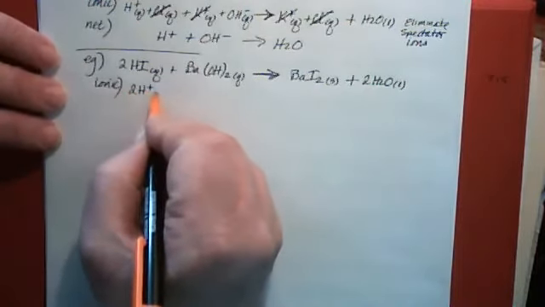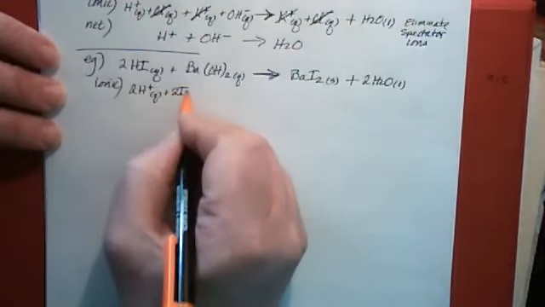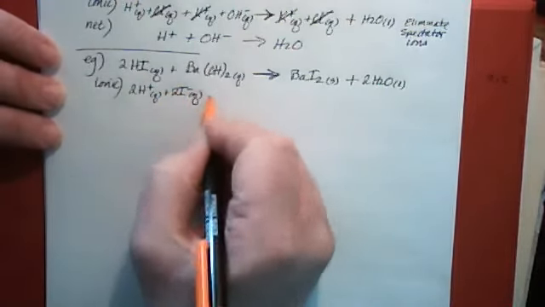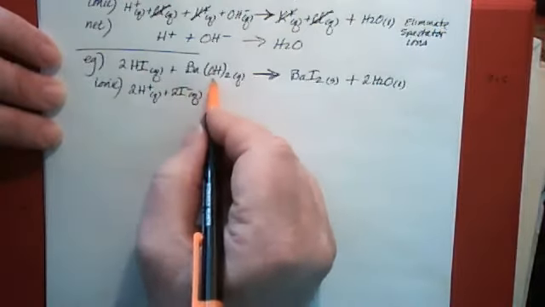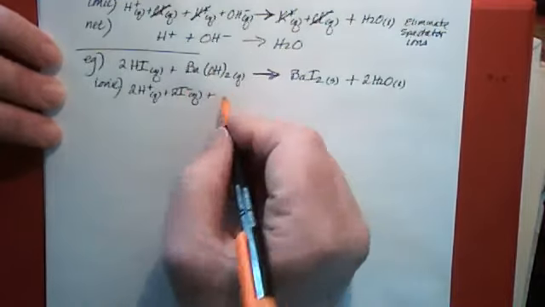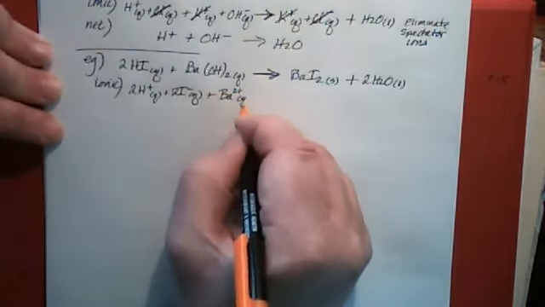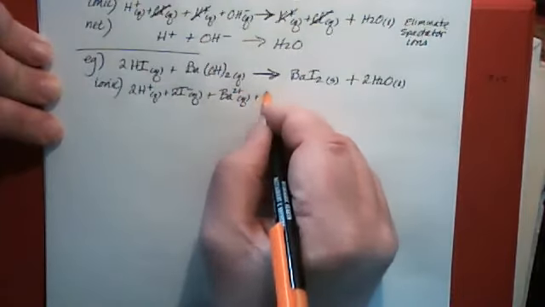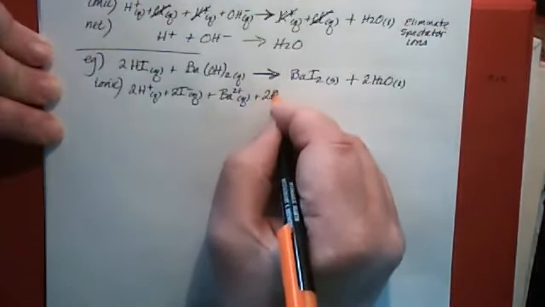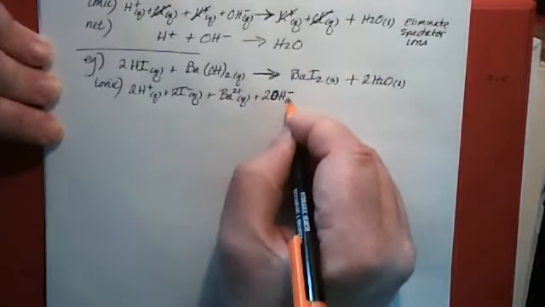So that'll be present as 2H+ and 2I-. Barium hydroxide is an ionic compound, and it is soluble in water. So that will be present as barium ions and 2 times as many hydroxide ions.